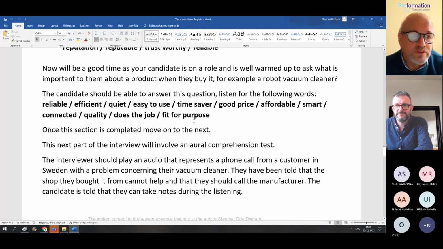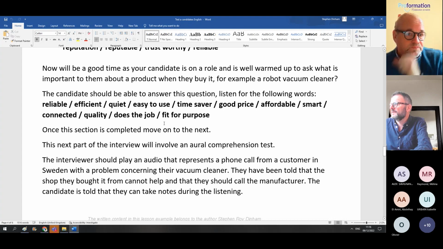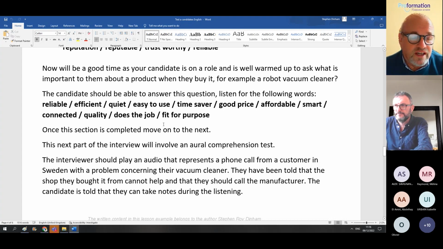Listen for the following words: reliable, efficient, quiet, easy to use, time saver, good price, affordable, smart, connected, quality, does the job, fit for purpose. Once this section is completed, move on to the next.